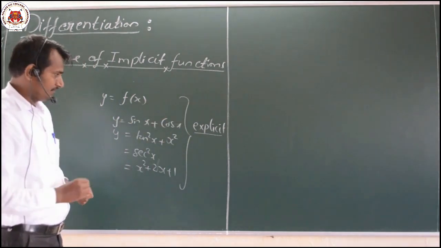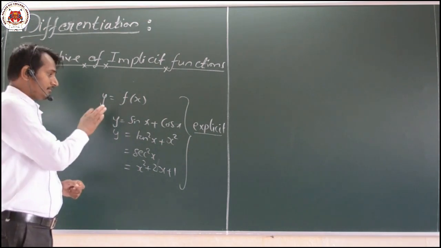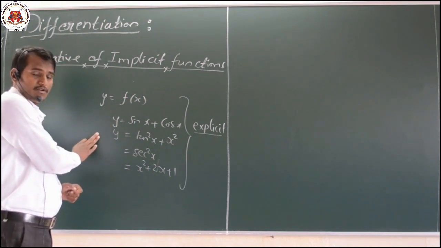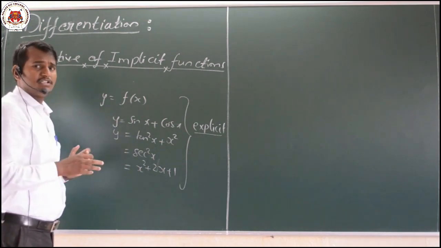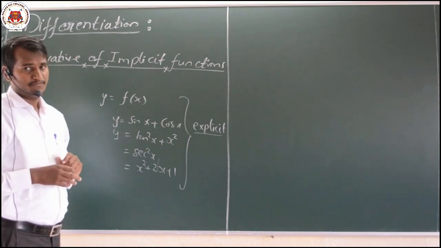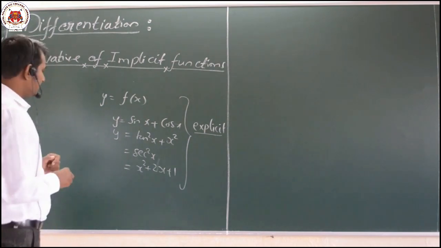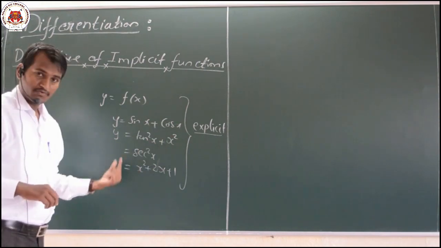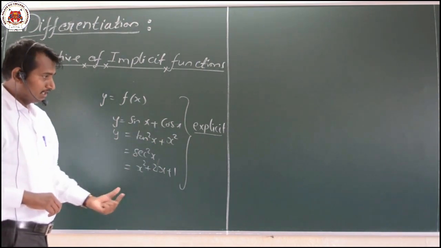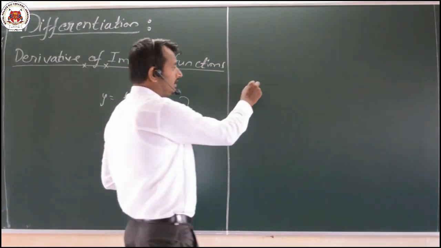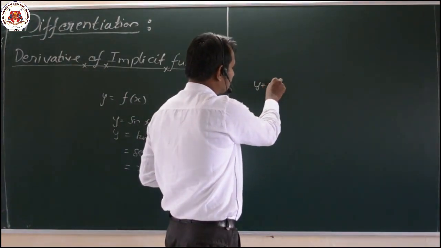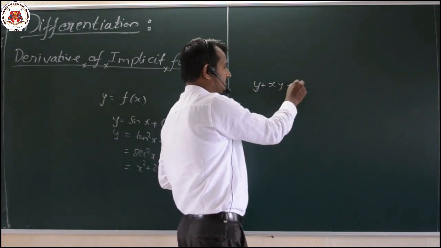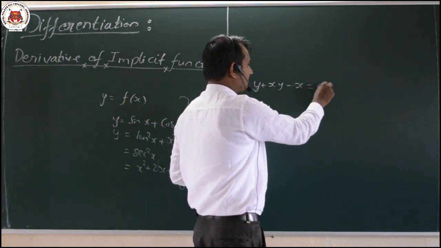If a function is not defined in this particular format, then it is known as an implicit function. An example here: y equal to a function of x is clear for explicit, but in an implicit function everything will be mixed, like y plus xy minus x equal to 0.